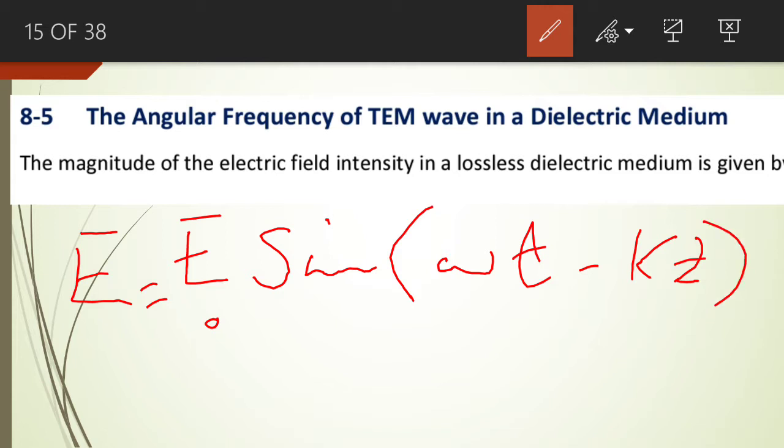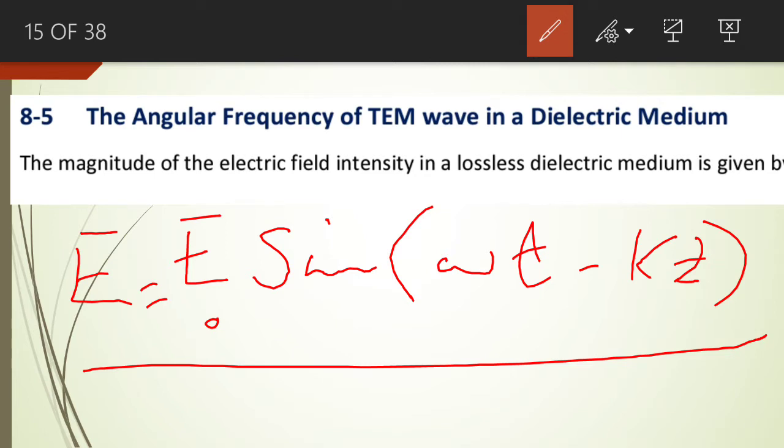So we are going to consider the magnitude of the electric field intensity only. And here is the magnitude of the electric field intensity. The magnitude of the electric field intensity is equal to E naught into sine of omega t minus kz.